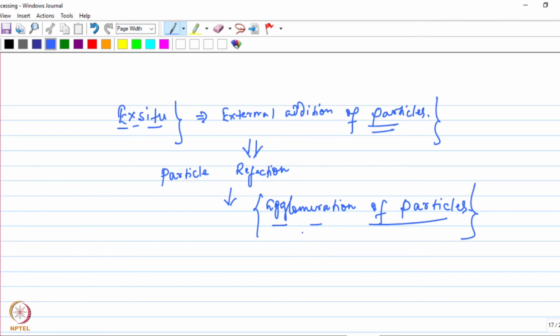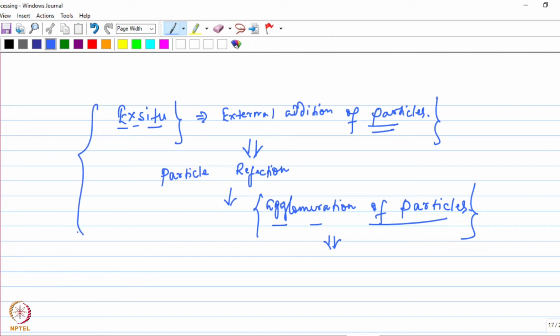So therefore, you need to exercise a great deal of control over the process parameters to achieve a uniform distribution in these processes when the particles are added externally.